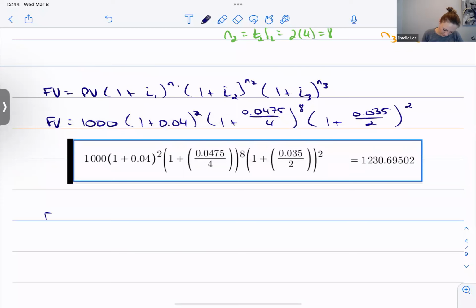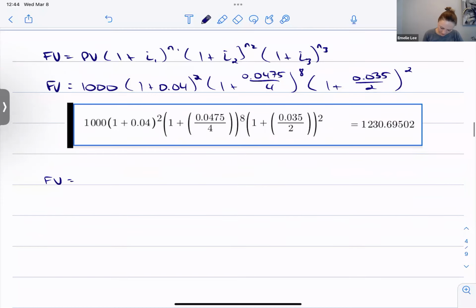So then the future value in dollars is $1,230 at 0.69502. So in pennies, that's 70 pennies. $1,230 and 70 pennies.